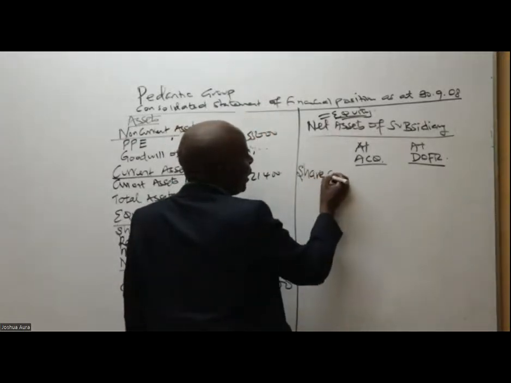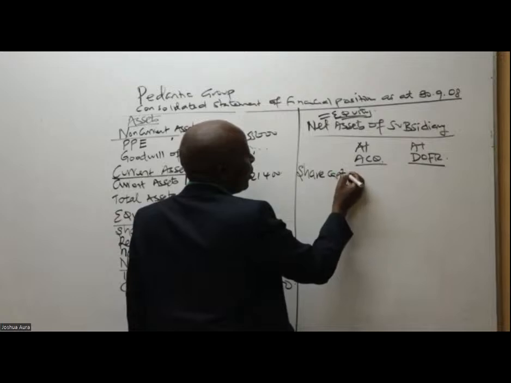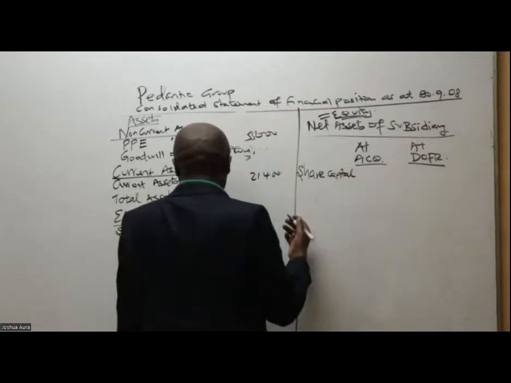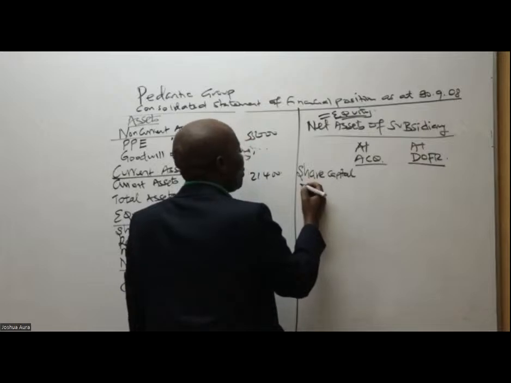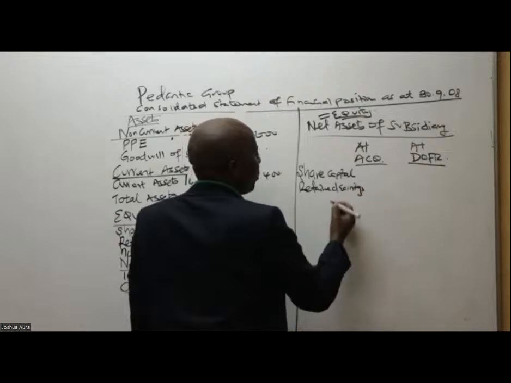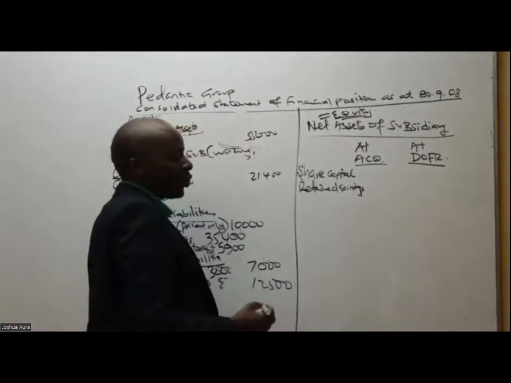We have the share capital. We have the share premium if it is available. It is not available here. We have what we call retained earnings. Retained earnings, these are shareholders' monies.